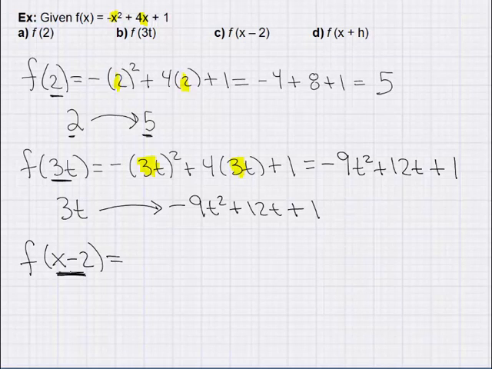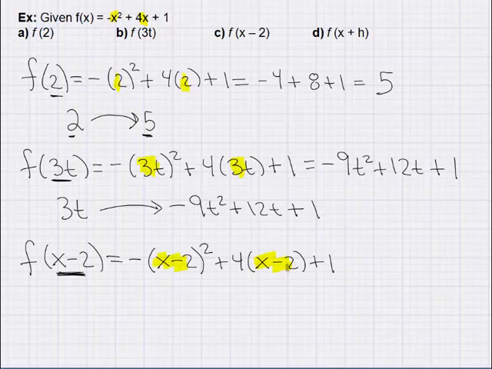I'm going to plug x minus 2 into the function like I plug 3t into the function like I plug 2 into the function. So I'm going to have negative x minus 2 squared plus 4 times x minus 2 plus 1. And if you look, it looks a lot like everything else we've been doing.